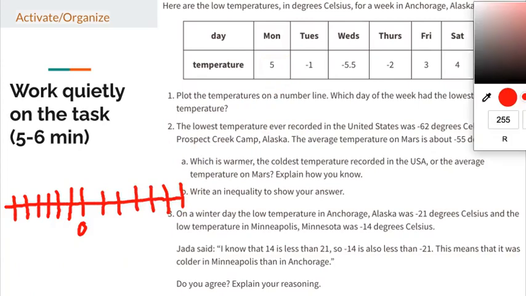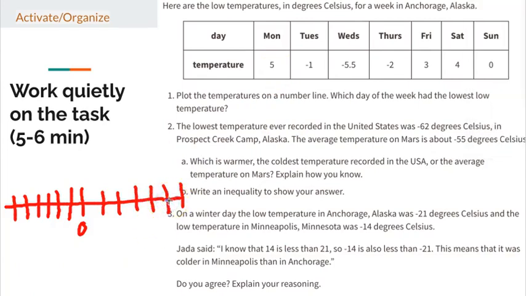So I'm going to change the color here so it shows up a little bit better for you. So that's Monday. Tuesday is -1, so here's 0. So I need to go 1 less, or back 1 for -1. That's Tuesday. Wednesday is -5 and 5/10.